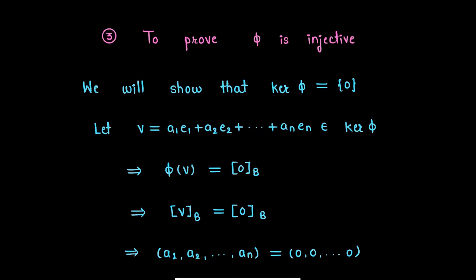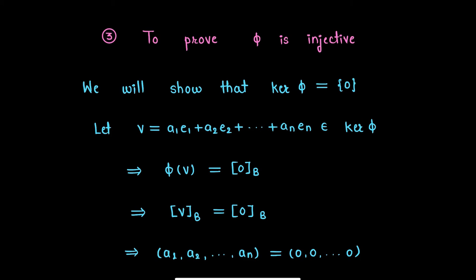So all we need to show is that the defined map phi from vector space V to Fn is an isomorphism, and we have shown that the map phi is a homomorphism. So the only need is to show that the map phi is one-one, that is injective, and to show the map phi is injective, we will show that the kernel of phi is singleton 0.